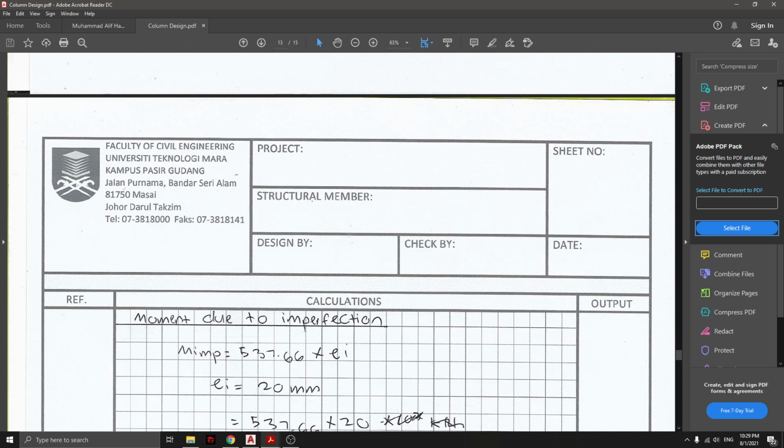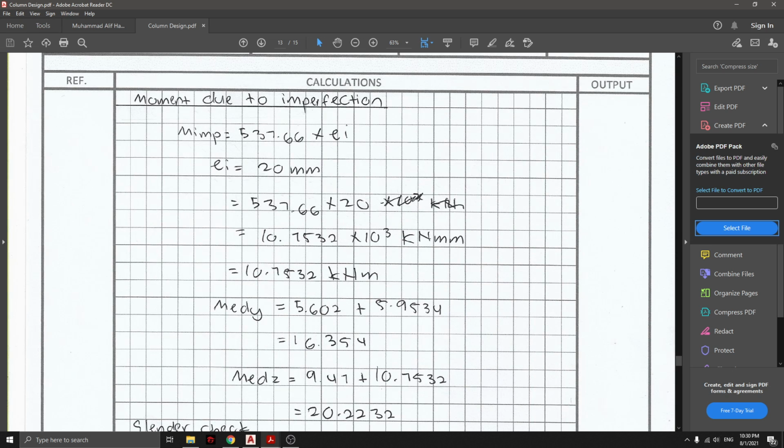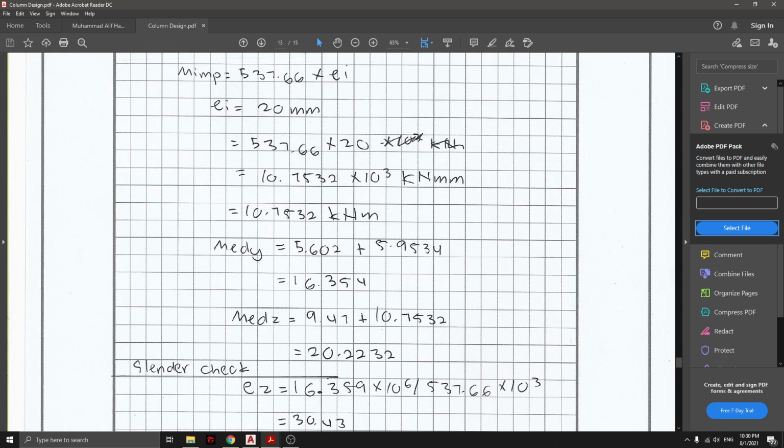Then we find moment due to imperfection. M imperfection equal to 537.66 times EI. EI is 20 millimeter. Then we find MEDY, MEDZ. We compare.